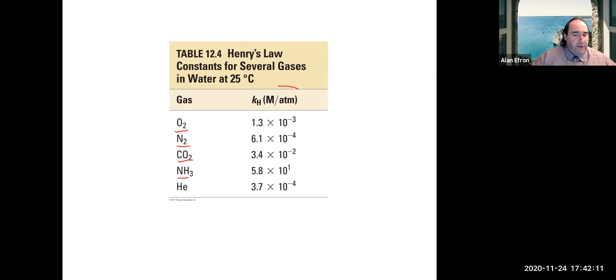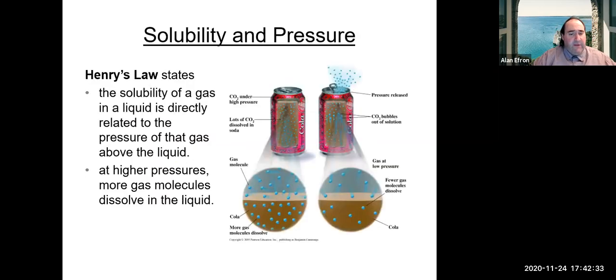That's why the pressure usually needs to be in atmospheres, because that's usually what the units are for Henry's law, and the concentration is in molarity. Like any table, you should always look at the units in those tables, because depending on where you look, they may have different units.